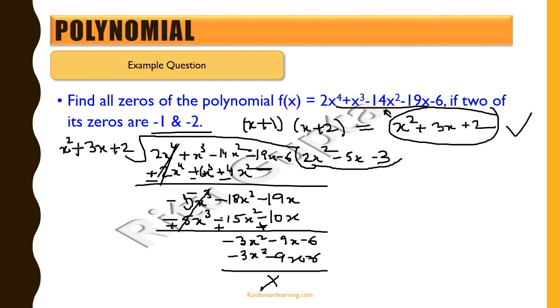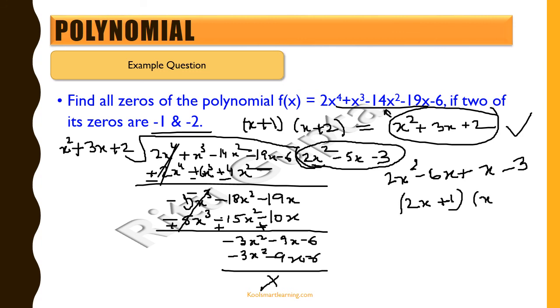Now we need to factorize this to be able to get the zeros. So we can simply do the splitting of the middle term, and we get 2x plus 1 into x minus 3 as the factors.